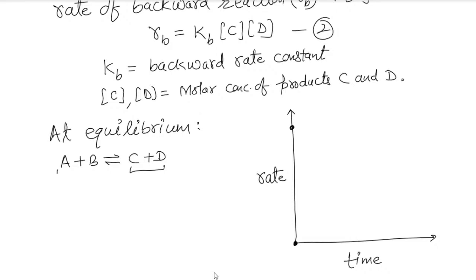Initially we start with reactants only. That's why there is rate of forward reaction only. Backward reaction is nil.